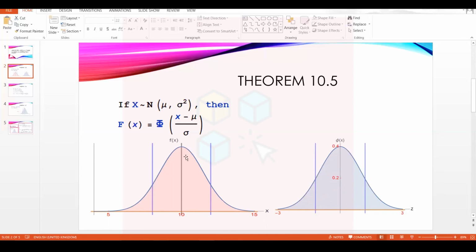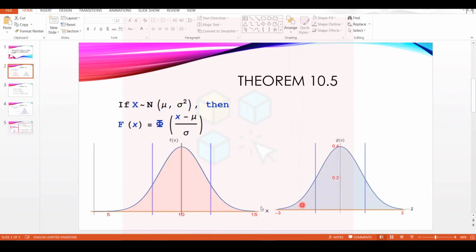Then the shape of the curve of the normal distribution is given on the left side, and the shape of the standard normal distribution is on the right side. You can see that the shapes of both distributions are similar.